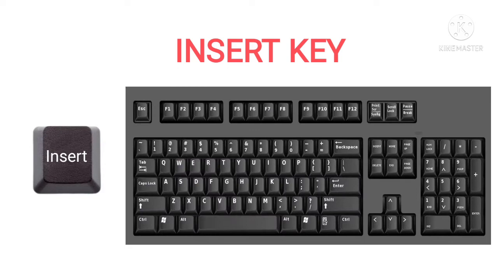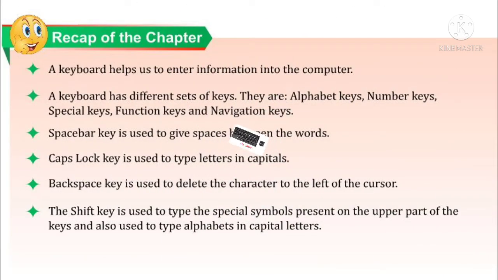If you press it once, it will be in insert mode, and when it is in insert mode, you can insert text. When you press it a second time, it will be in off mode, and in off mode, if you try to type characters, the existing characters will be replaced.